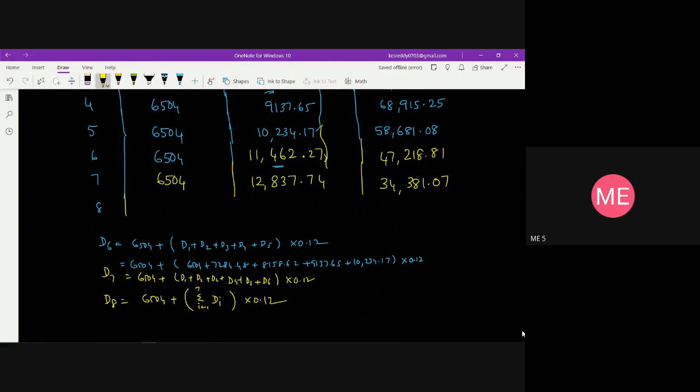Up to this point we need to add all this, multiply by 0.12 and then add to the 6504, which will give you 14,378.27. By subtracting this, I'll be getting roughly the salvage value of 20,002 rupees 0.80.